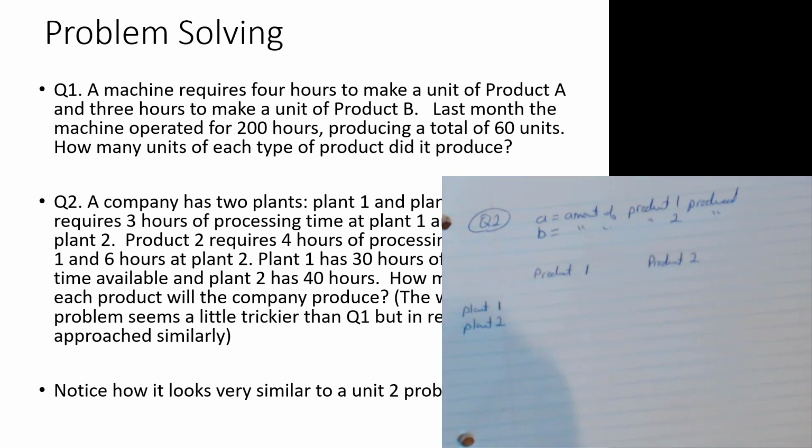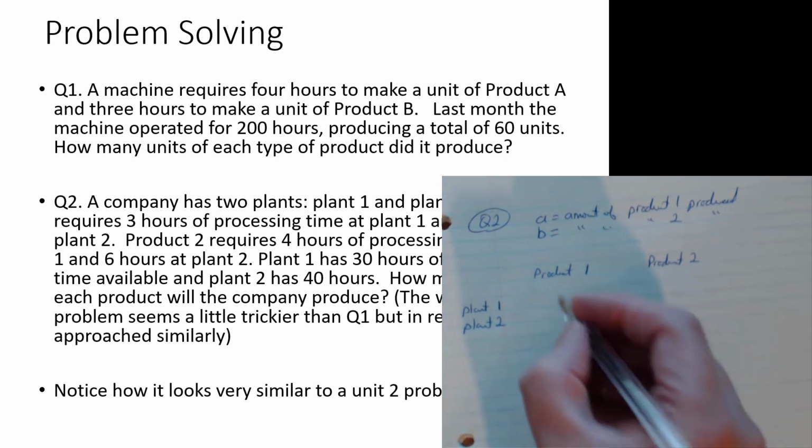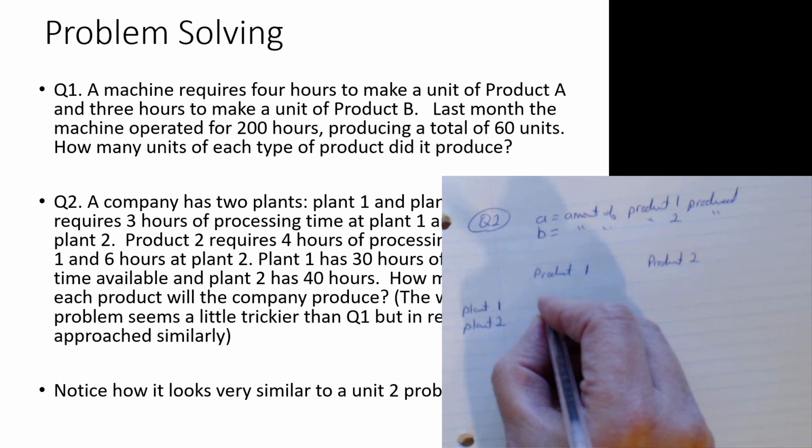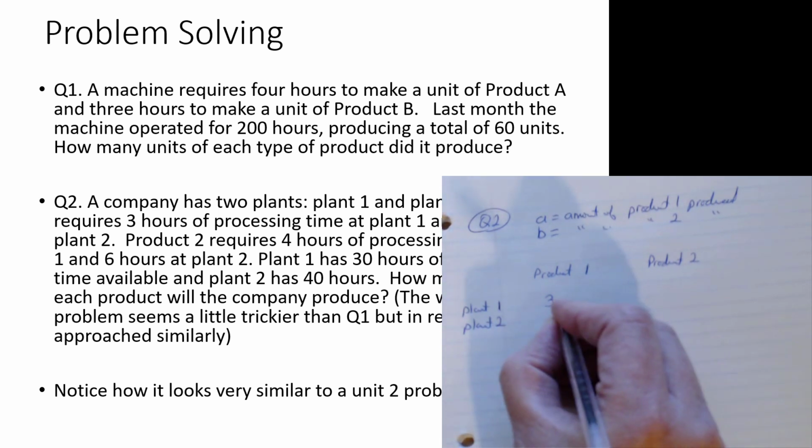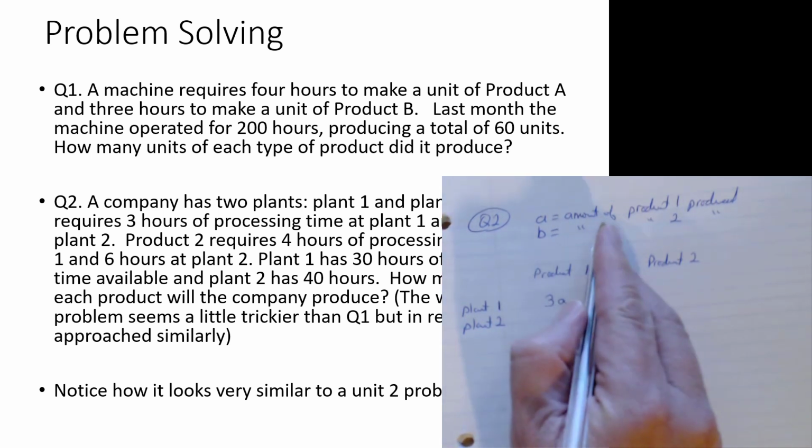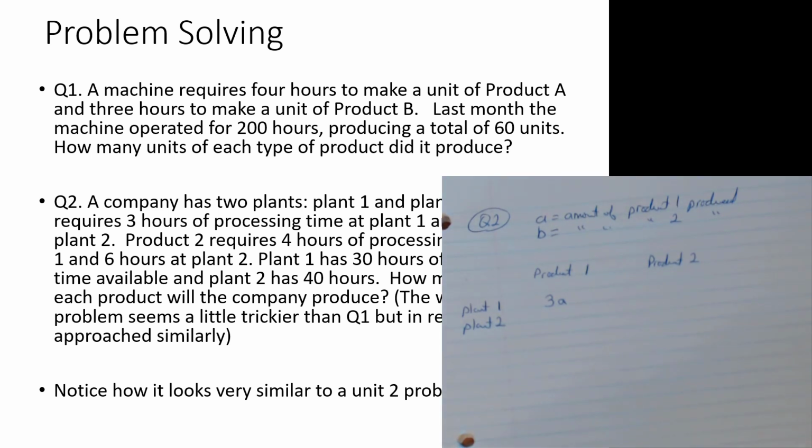So 2 different plants. When I look at product number 1, I say it requires 3 hours at plant 1 times the number of product 1 I produce. That's how many hours the product 1 line consumes at plant number 1.